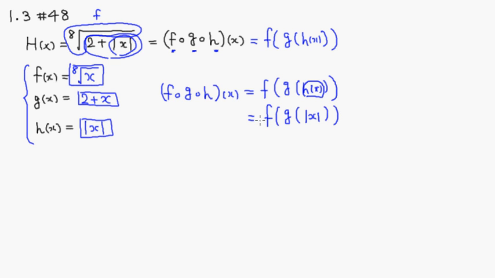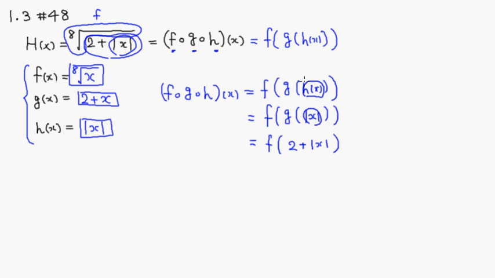You get that? All right. Now we plug the absolute value of x into g of x, which is 2 plus x. So it's going to be 2 plus the absolute value of x.